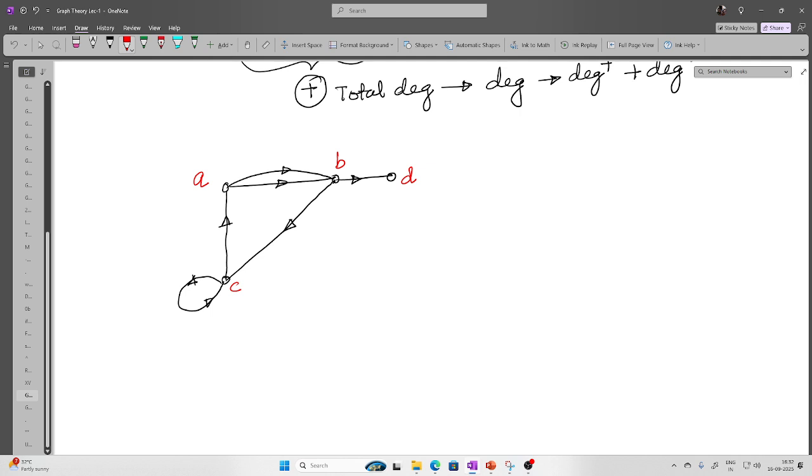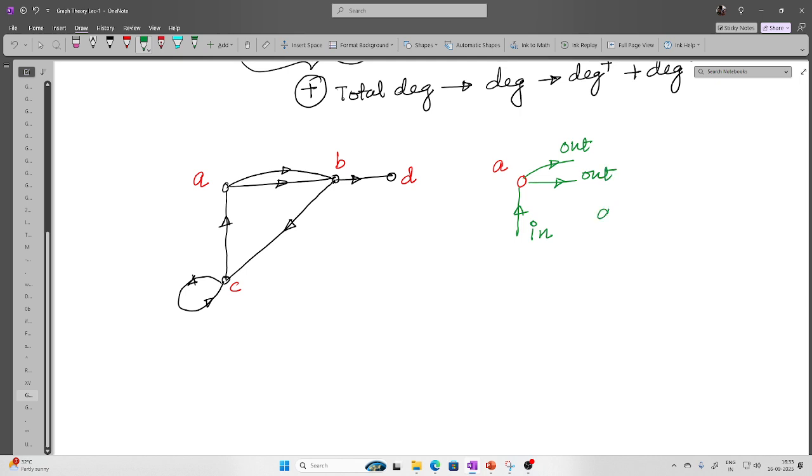In case of a directed graph, let's start with any vertex, A. If this is my vertex A, then how many edges are coming into it? If you look, only one edge is coming in and the remaining two are going out.